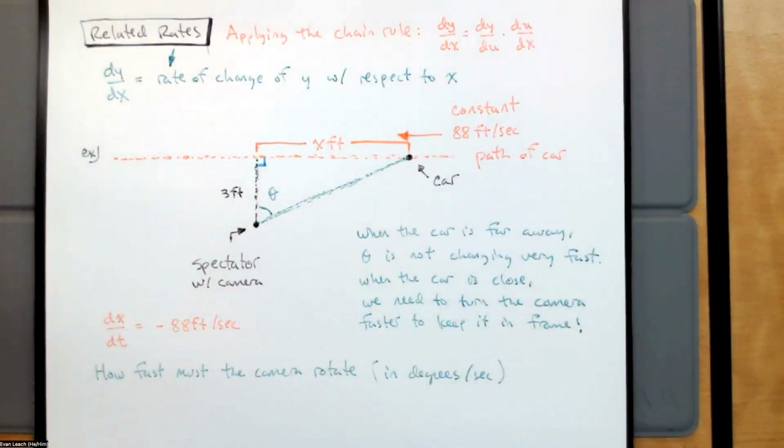Let's think about how fast the camera must rotate in degrees per second when the car is at various points along the car's path.